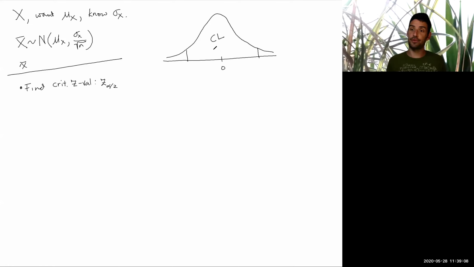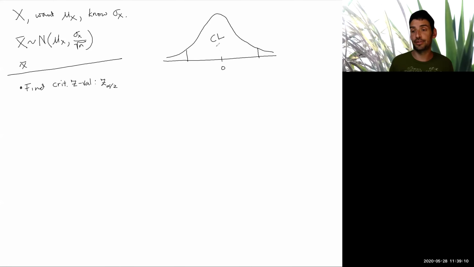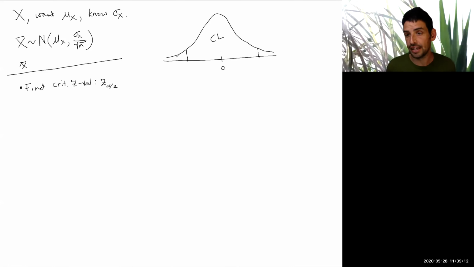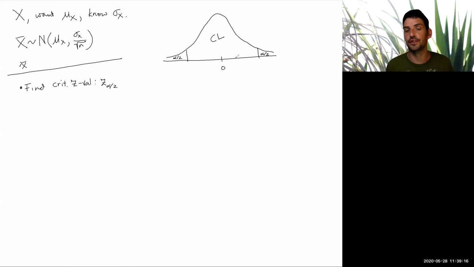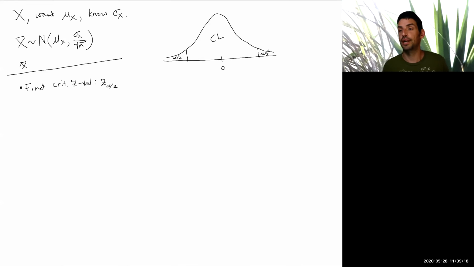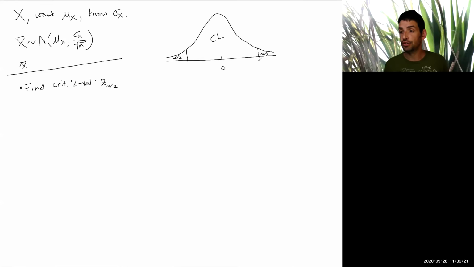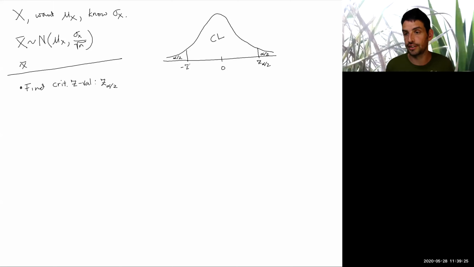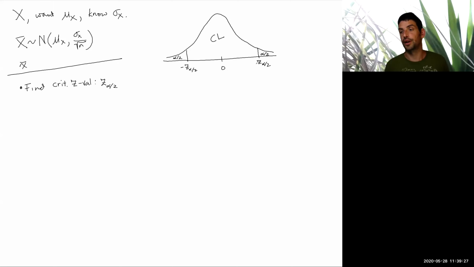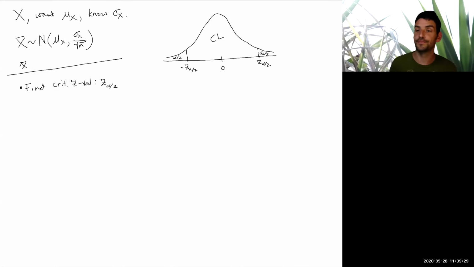We did a 95%, so it's 0.95. If you did a 90%, it'd be 0.90. And then in these tails, there's going to be alpha over 2. Alpha is 1 minus CL, so you divide it by 2. So using an inverse normal calculator, you can find the critical z value, right? We just usually look for this positive one.